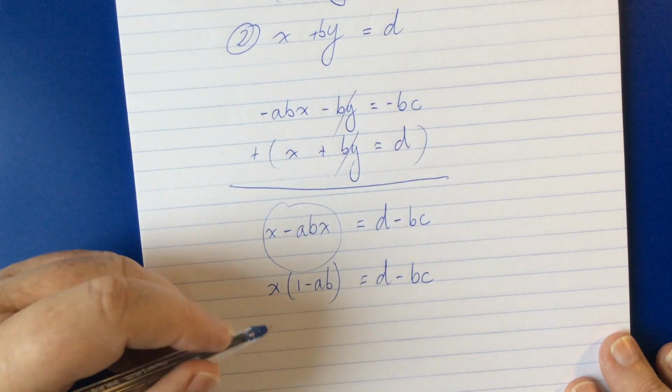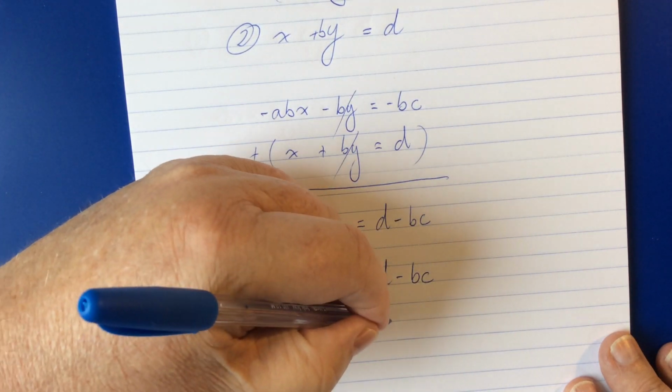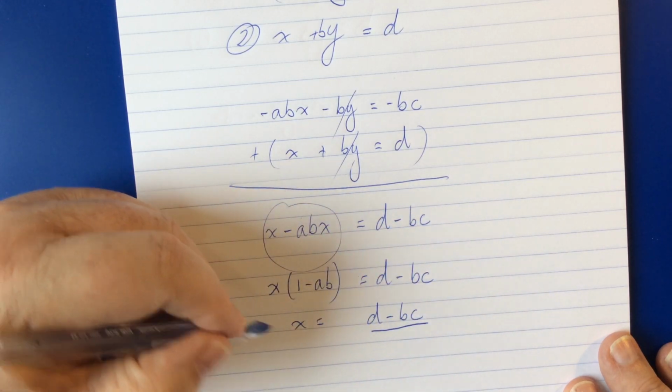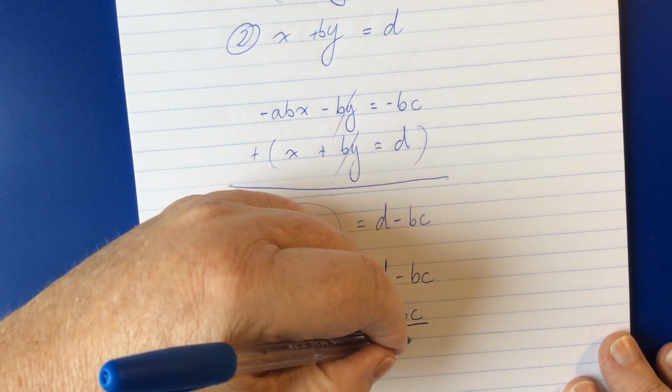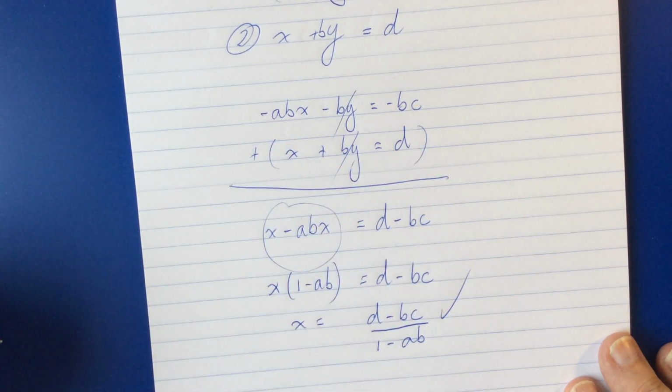Now we can isolate x really easily. So x is equal to d minus bc all over 1 minus ab. So that's x taken care of.